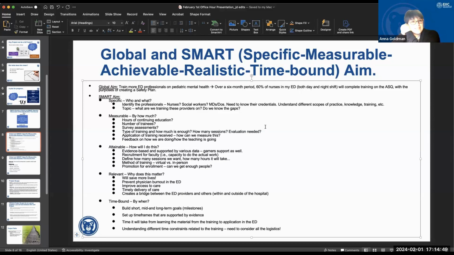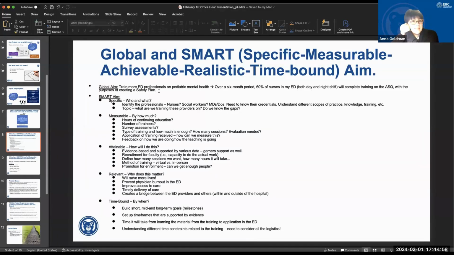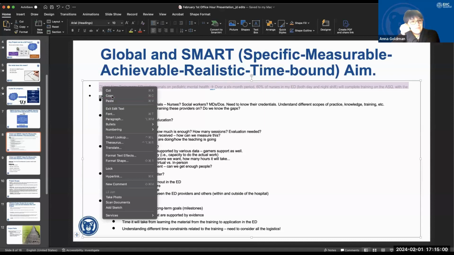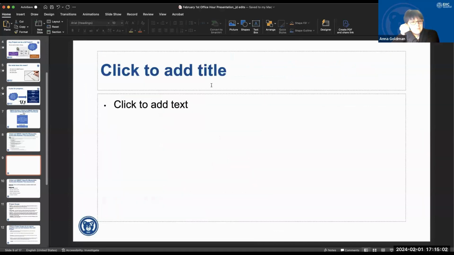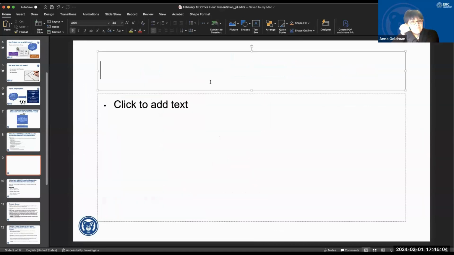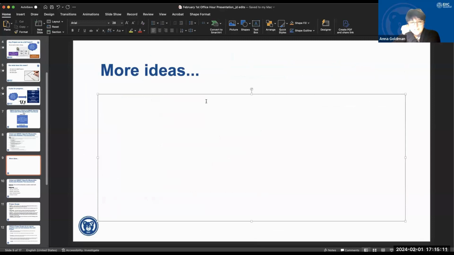Another way is the nurses' confidence. We can give them a survey and measure their confidence in using the tool before and after. It's another way of measuring our success. Any other ideas as far as measuring goes?